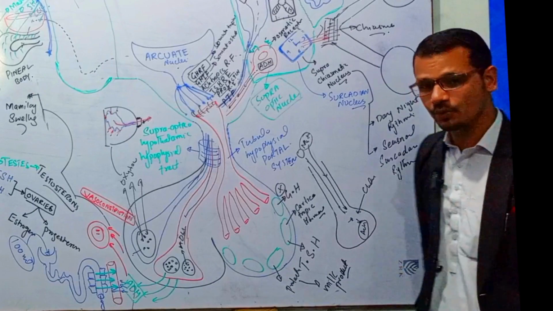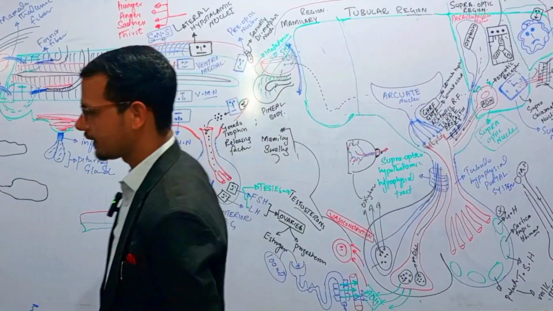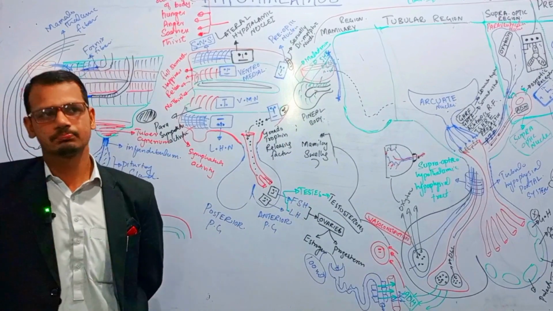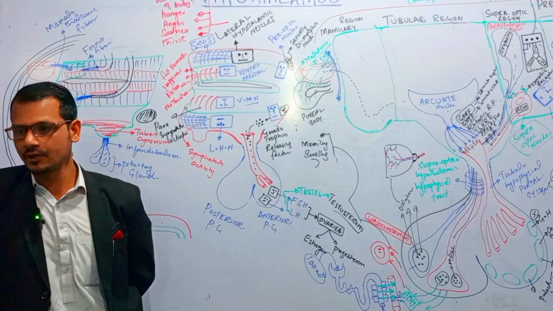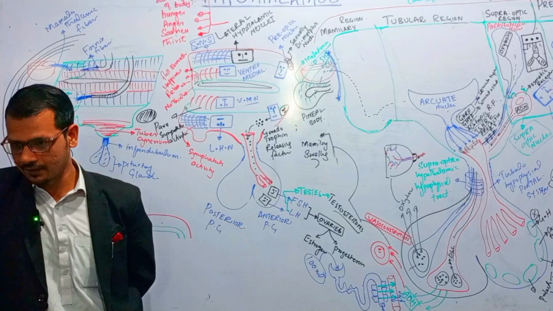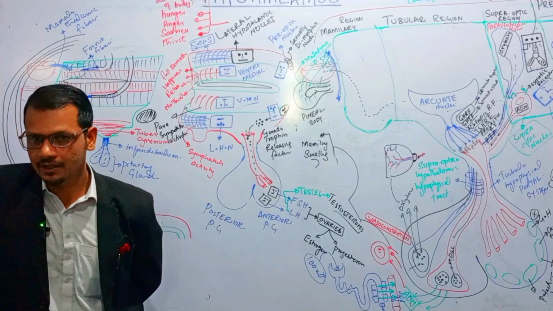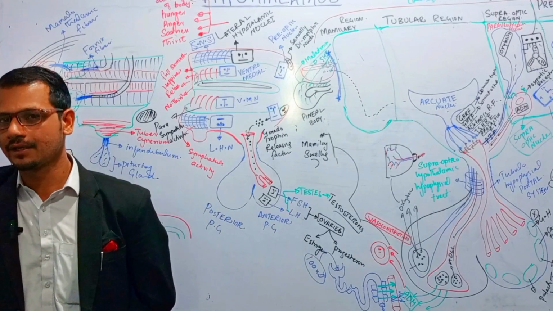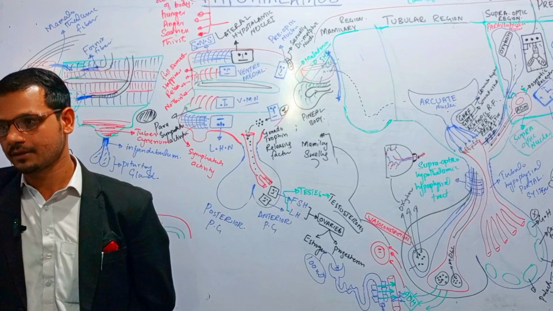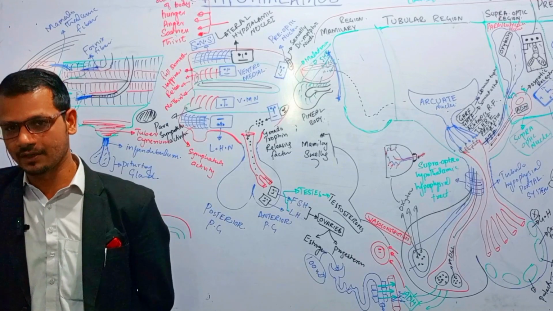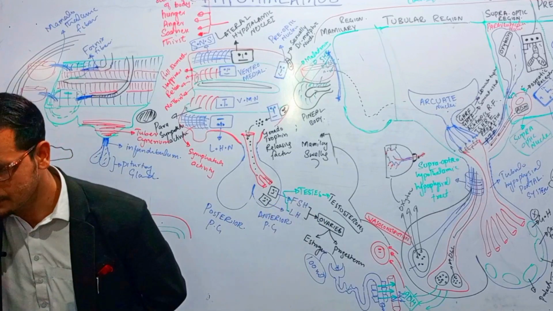And when there is a very high amount of prolactin, it causes a disease called galactorrhea amenorrhea syndrome, in which females produce milk although they have no babies. This condition occurs due to a high level of prolactin.